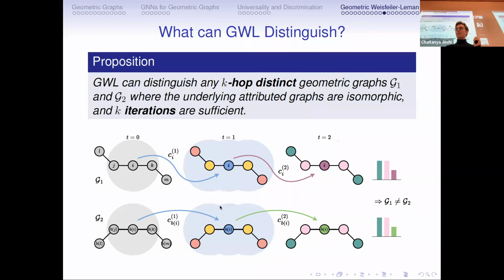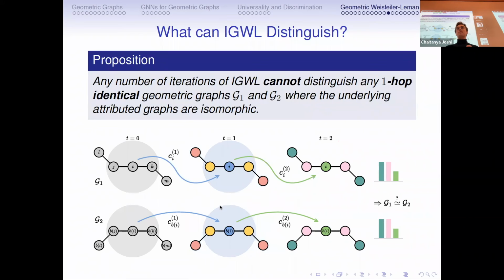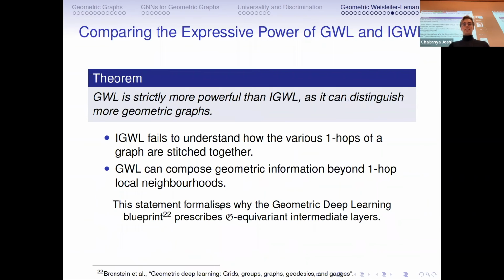I'll just contrast this to the invariant version of GWL, in which case it turns out that after any number of iterations, IGWL cannot distinguish any graphs which are 1-hop identical, essentially. And this has a very nice and simple interpretation, which just means that GWL is strictly more powerful than IGWL, as we would have expected, because we're passing on the orientation information.